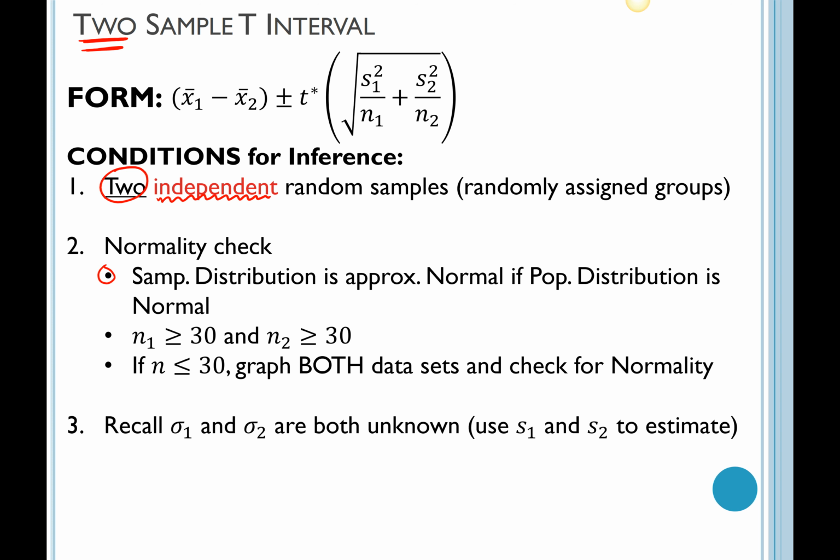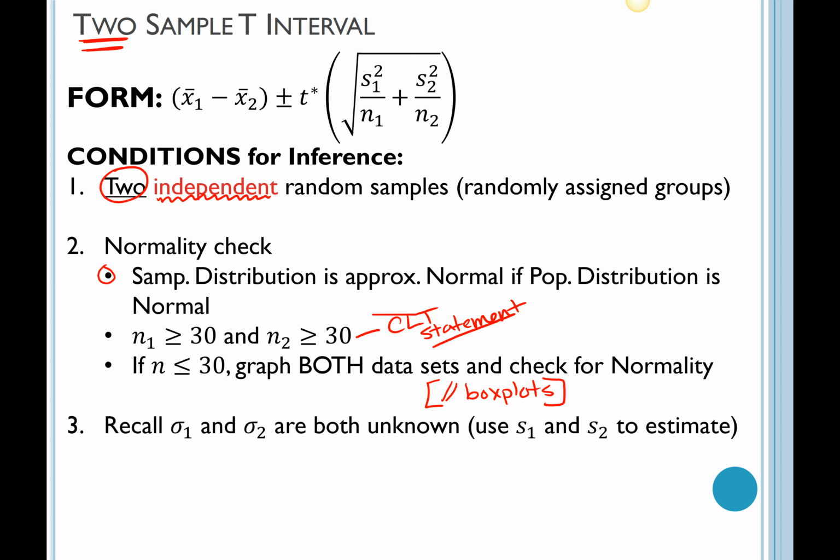If they are both greater than or equal to 30, this is when you can make a central limit theorem statement. And we should be pretty good at making those statements now. If either of them are below that 30 threshold, we need to graph both data sets. This is when we're going to talk about making parallel box plots. That'll probably be the easiest, I believe.